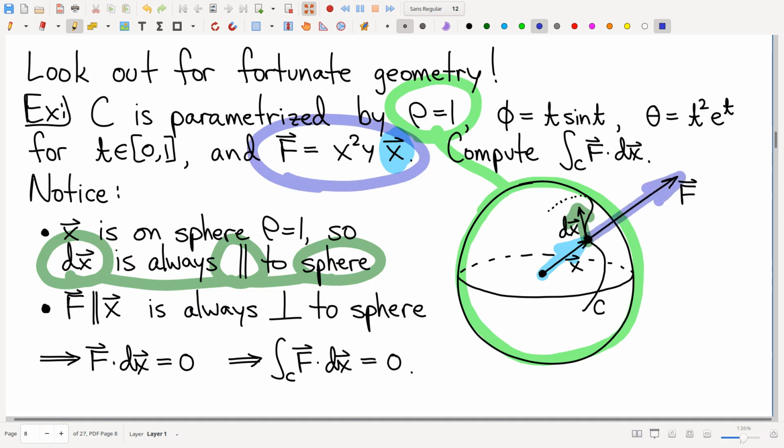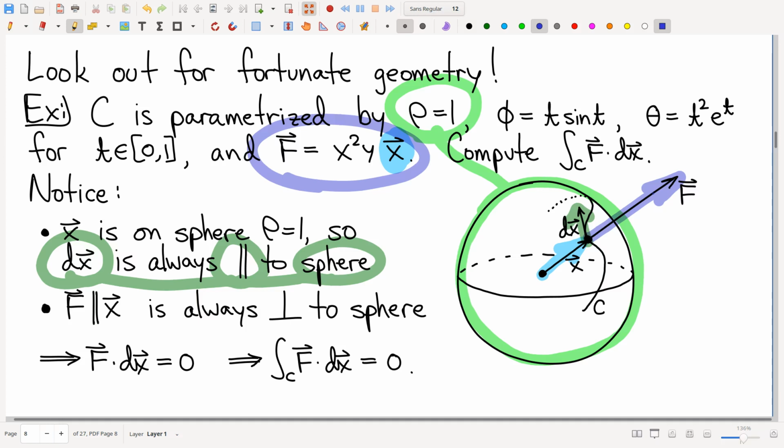I don't know what the magnitude is or how the magnitude varies, but I do know that it's a scalar multiple of the position vector. And side note, spheres are awesome. Gotta love spheres.